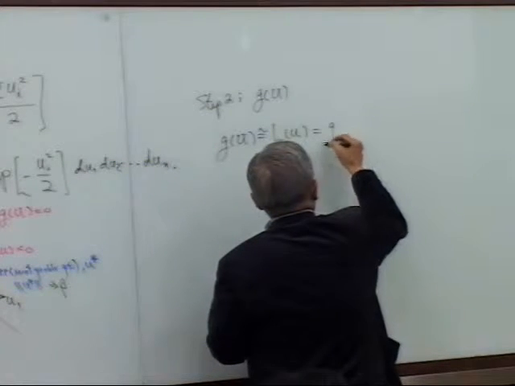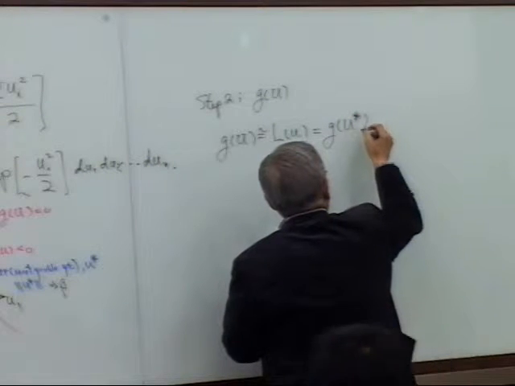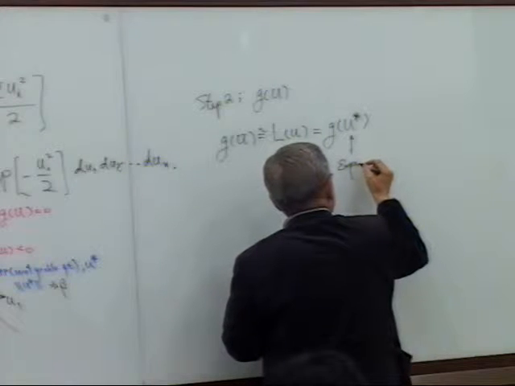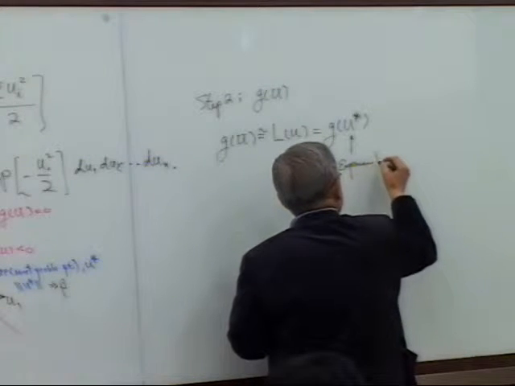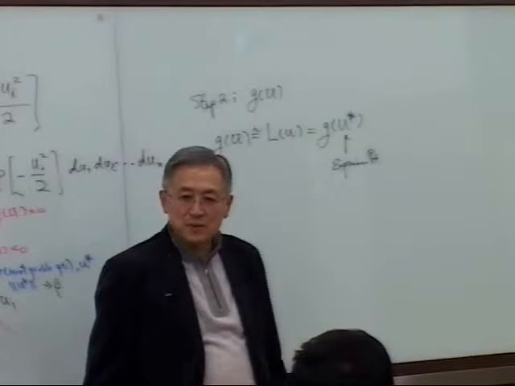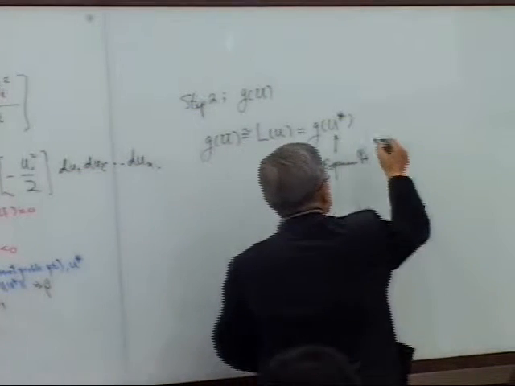So this is equal to G(U star), the expansion point, or most probable point, is what this point is.